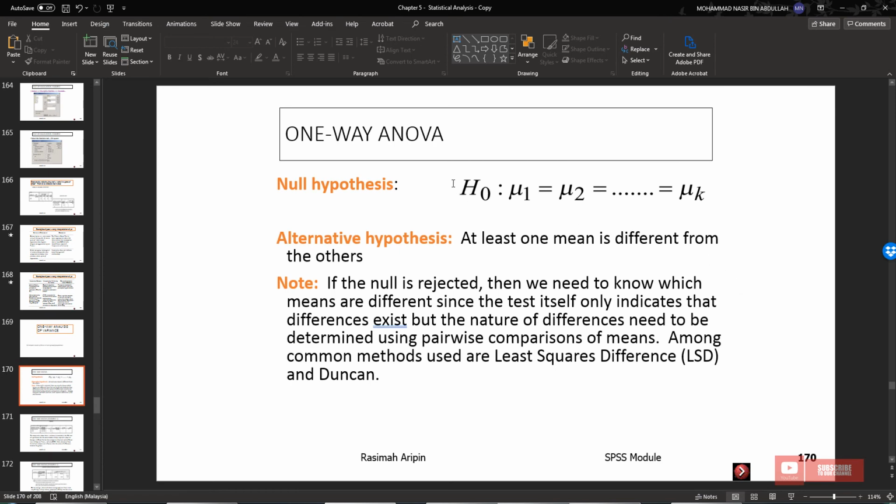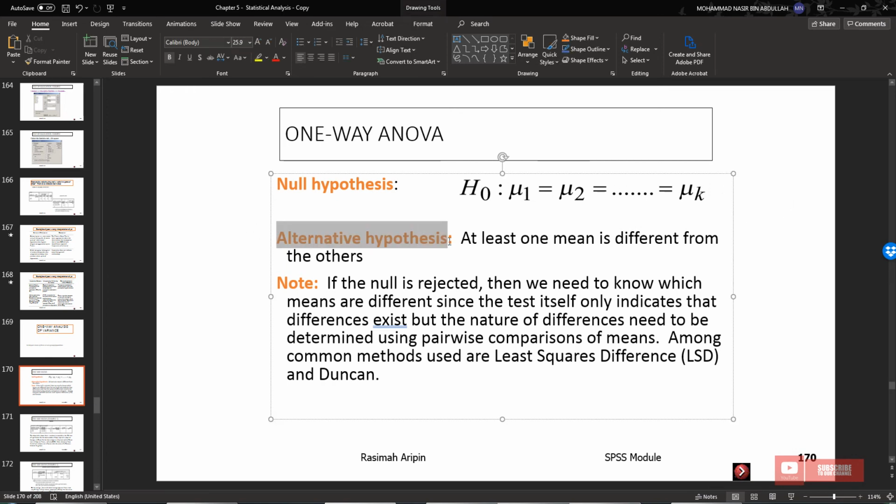See, in one-way ANOVA, the null hypothesis is that all the means are equal. The alternative hypothesis is that at least one mean is different. Right, so we want to detect whether there is any difference.